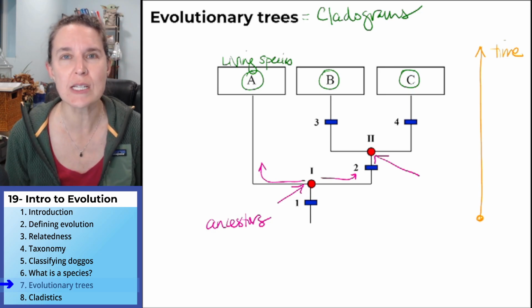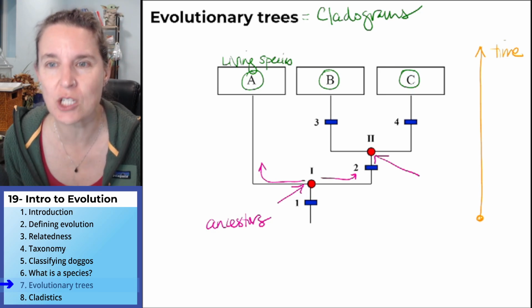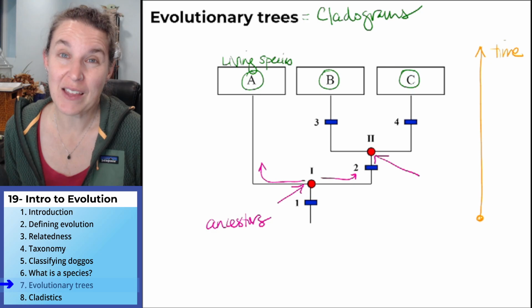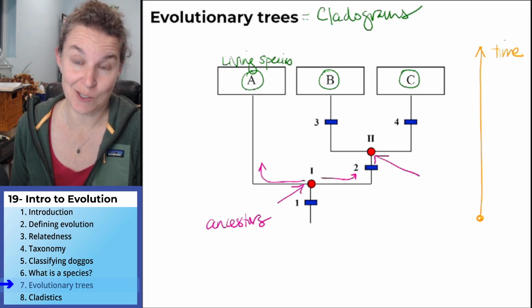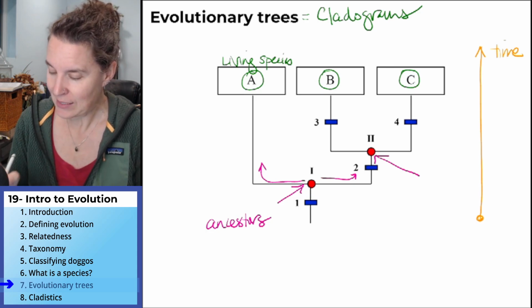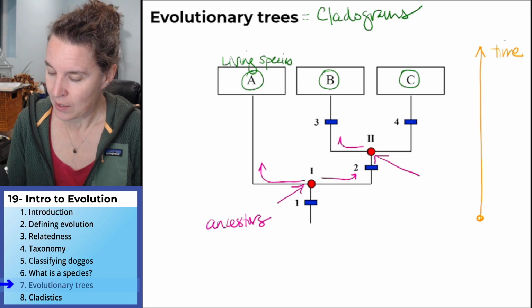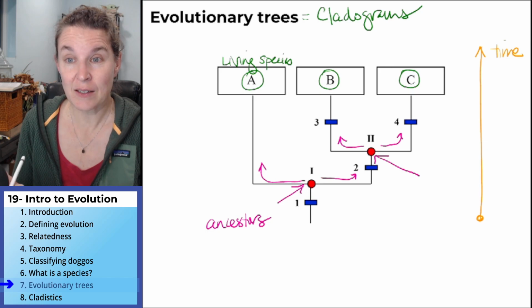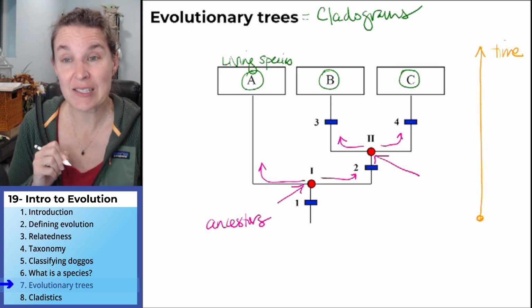Oh my gosh, trees show you so much information. It can help you come up with some hypotheses for what kinds of fossils you might find out in the world. Ancestor 2 gave rise to living critter B and living critter C.